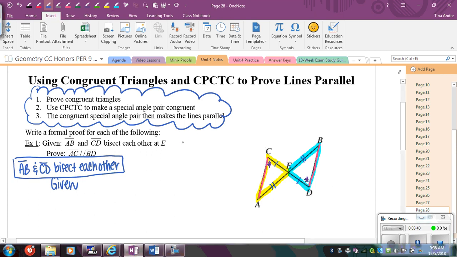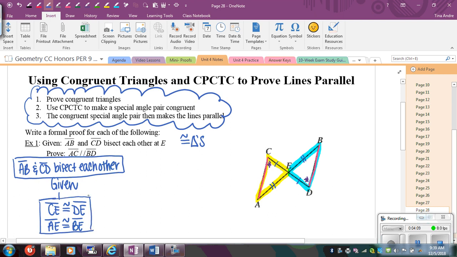The congruent triangles I need to get by one of our 5 congruence theorems. So I have the bisect, and I've already marked it, so let's go ahead and write about that. I can say that CE is congruent to DE. And I also said that AE was congruent to BE because of the bisector.